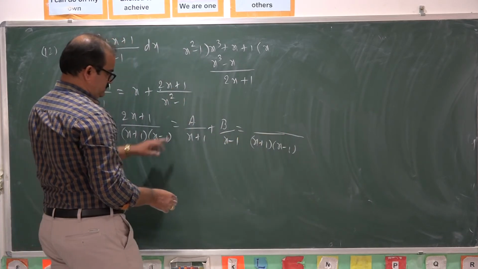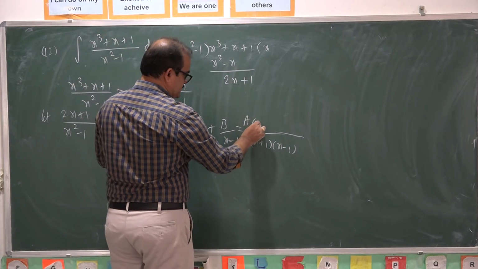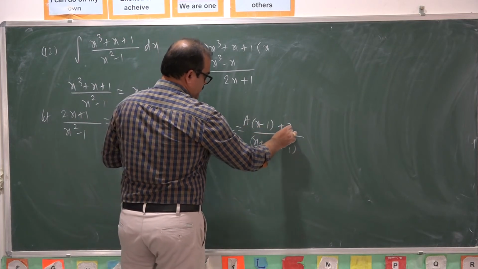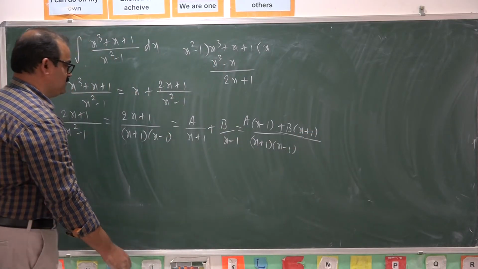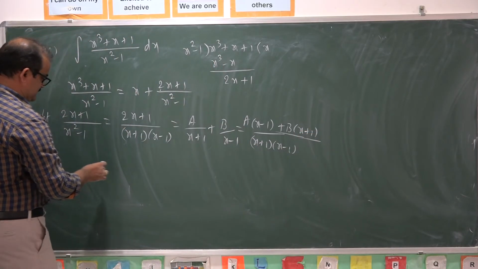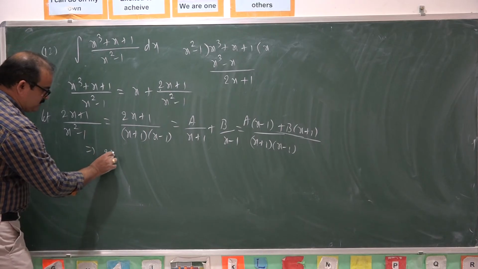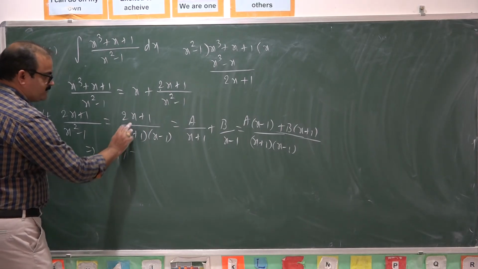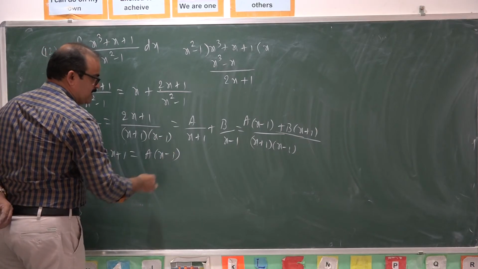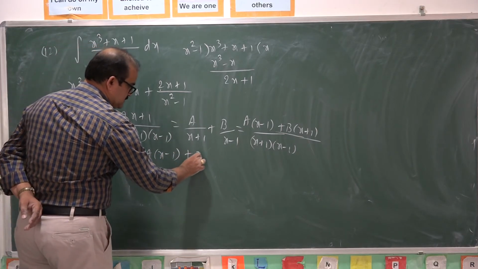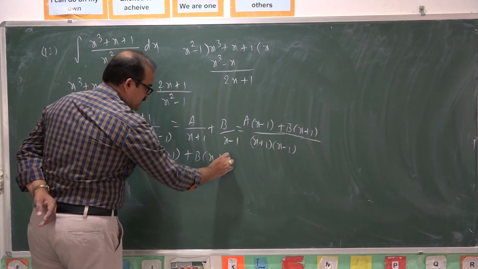In numerator, a into x minus 1 plus b into x plus 1. Equating the numerators, we get 2x plus 1 is equal to a into x minus 1 plus b into x plus 1.